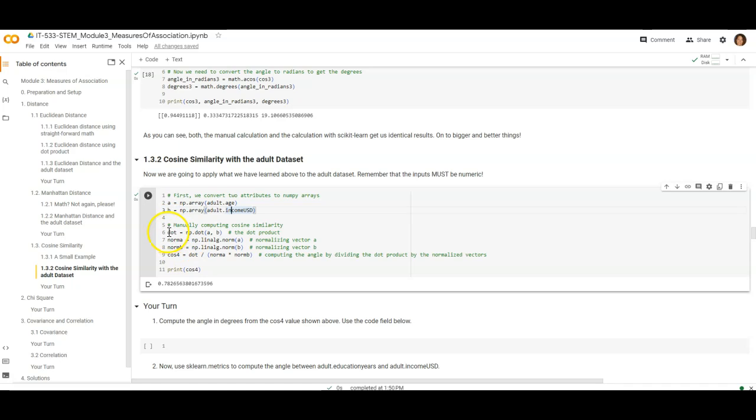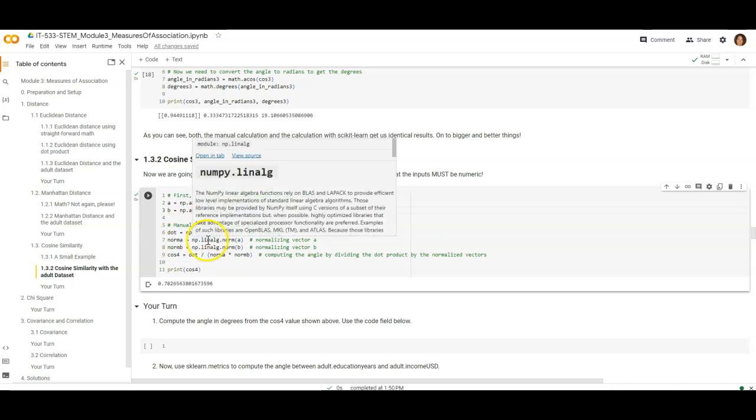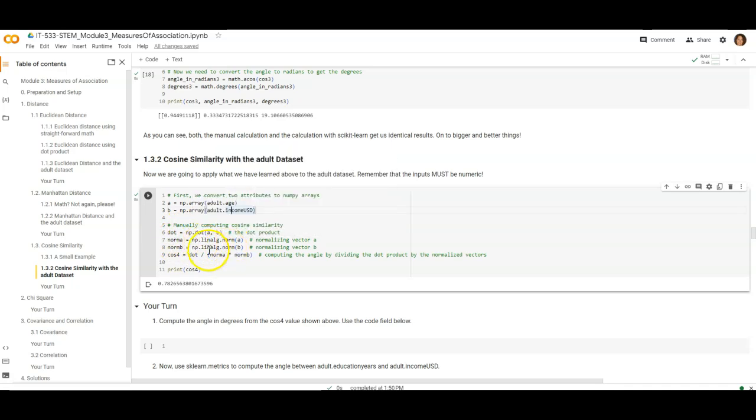So I'm going to use exactly the same process, generating the dot product between the two vectors here and using the linear algebra norm function applied to each one of my vectors. That gives me the cosine here: the dot product divided by each vector multiplied by one another. And then this is my cosine.